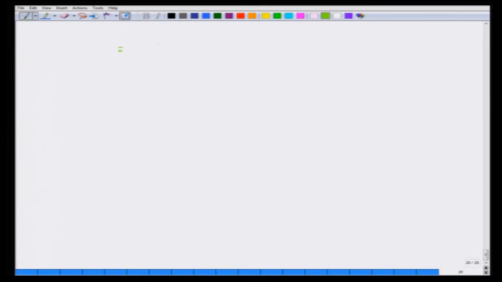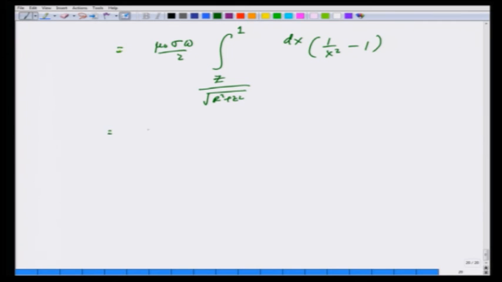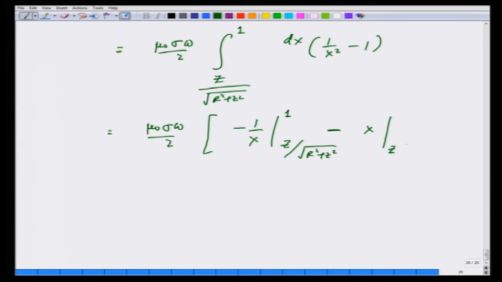So, this is equal to mu 0 sigma omega by 2 integral from z over square root of r square plus z square to 1 of dx, 1 over x square minus 1. I have changed the minus sign and changed the limits. So, which is mu 0 sigma omega by 2, inside I have minus 1 over x going from z over square root of r square plus z square to 1, minus x.